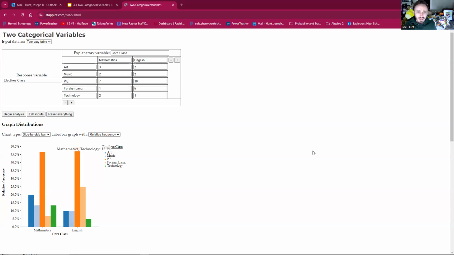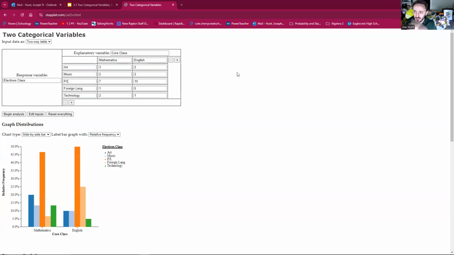Now, when I put the data from my last year's results into this two categorical variable calculator on Stapplet, because I'm measuring two variables at the same time, this is where we get into some interesting questions about whether or not someone's core class choice has an impact on what they're going to choose on their electives class. Now, to digest this step by step, I entered everything into the two-way table.